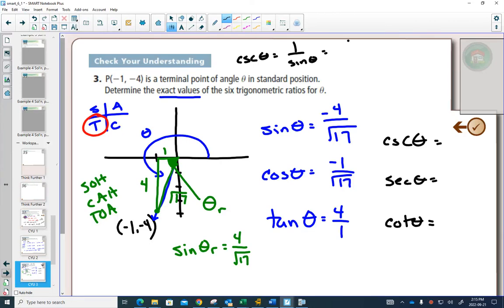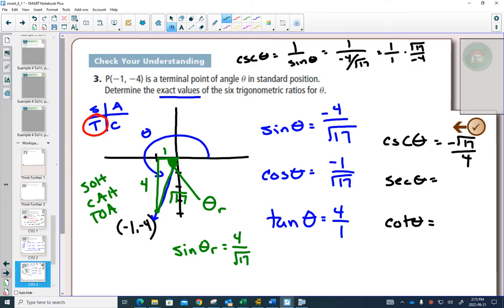I know that sine theta is negative 4 over root 17. And then if I'm dividing by a fraction, I have to go to my fraction rules. How do you divide by a fraction? You multiply by the reciprocal, and I would get negative root 17 over 4. Reciprocals flip.